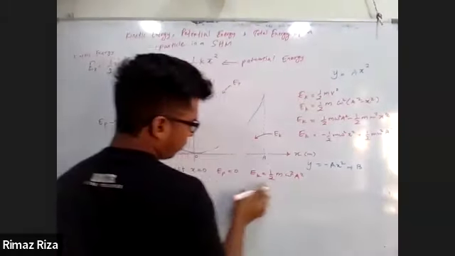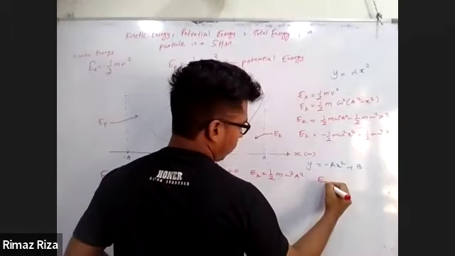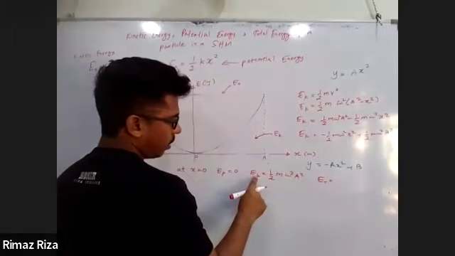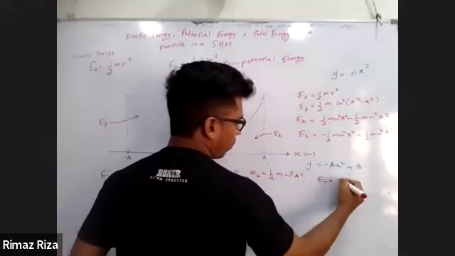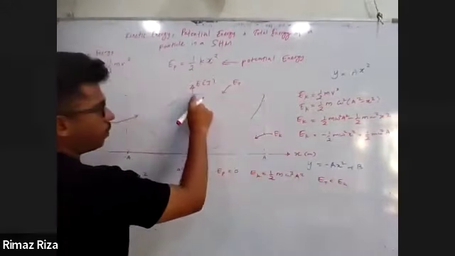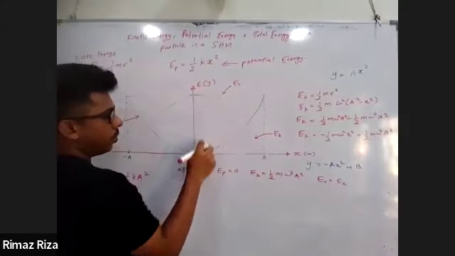Therefore, E total is E P plus E K. E P is 0, so that is equal to E K. The total energy is equal to the kinetic energy.